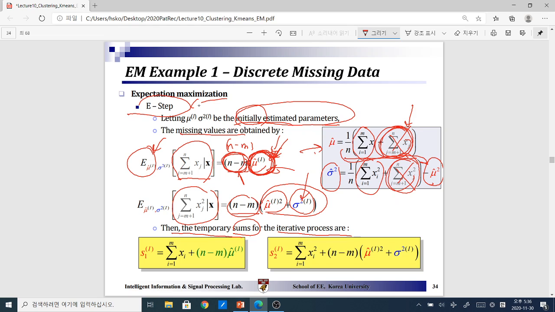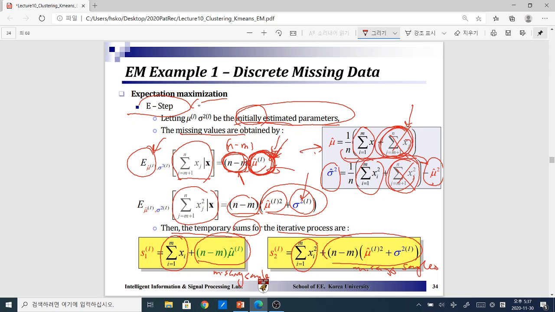That is, the sum of all the samples would be those of the samples that have the values plus those of the samples that are missing. So this term here would represent those of the missing samples. And similarly, we have for the variance computation. This one represents those of the samples that have values, whereas this term represents those of the missing samples.